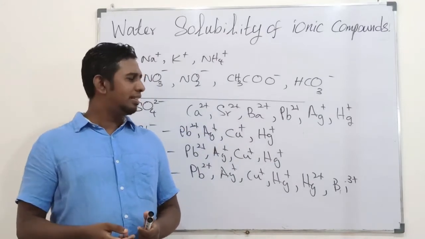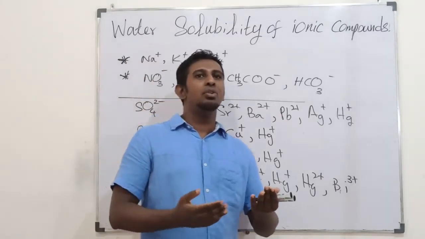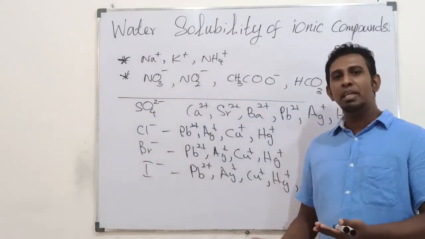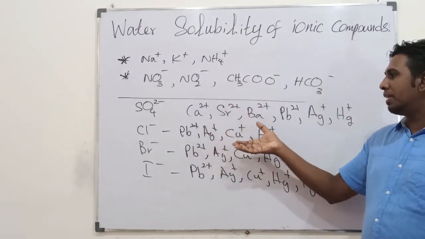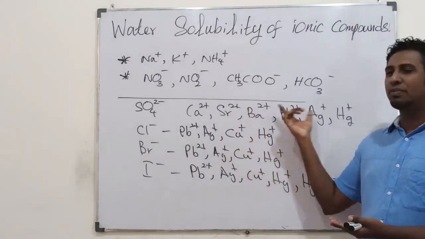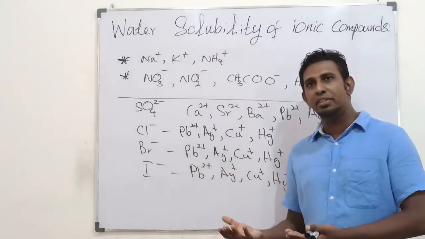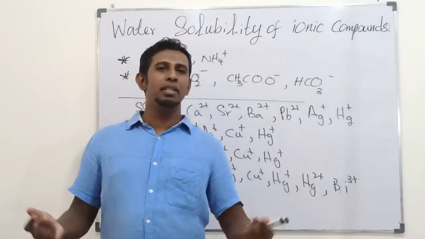Then we are going to extend this towards some other anions as well. But it won't be so simple. It's a very simple pattern you could see there, as you found only 6 sulfates, only 4 chlorides, 4 bromides, 6 iodides being precipitated, all the others are water soluble.